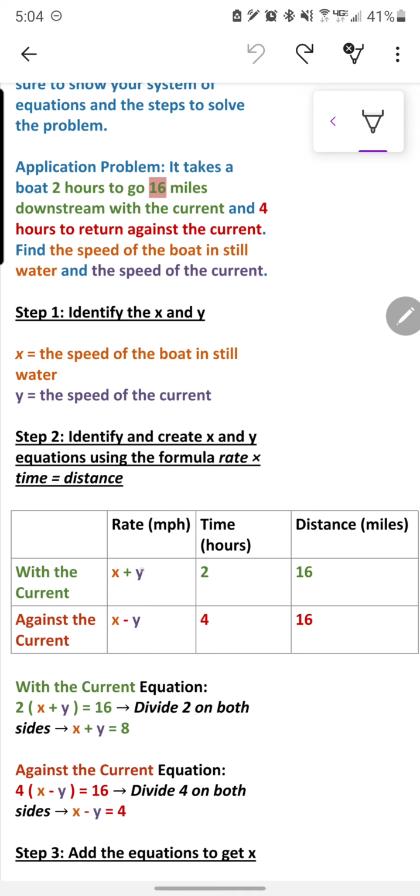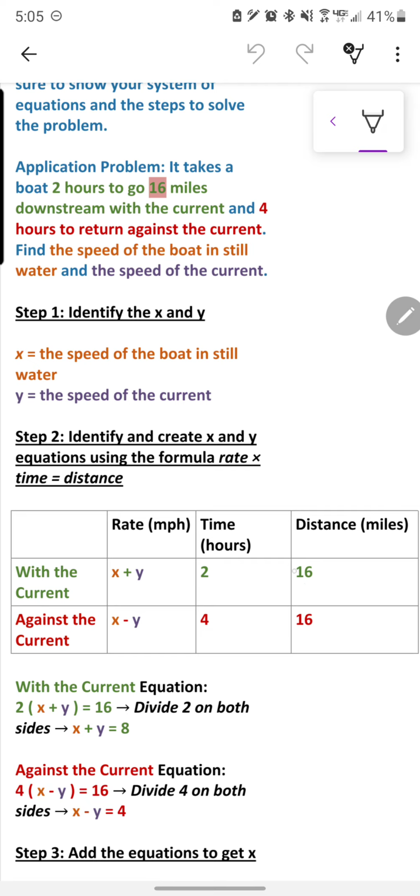With the current, it's going to be x plus y for the rate because you're going in a positive flow, which is the with the current. With is viewed as a positive, so that is why we have the add sign. And then it took 2 hours, according to the text right here, 2 hours to go 16 miles downstream with the current.